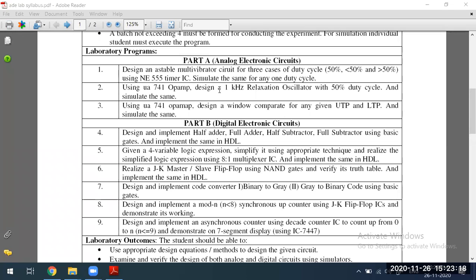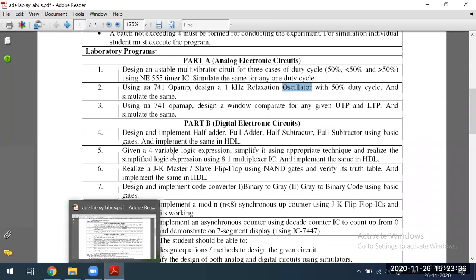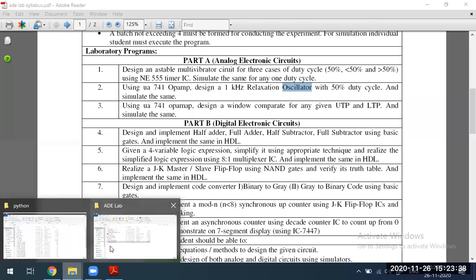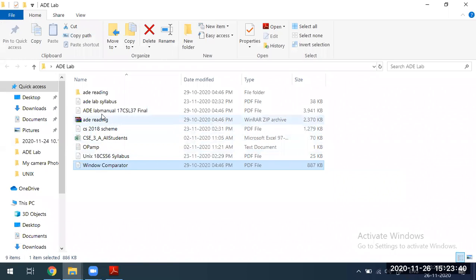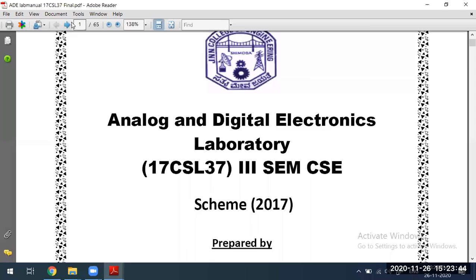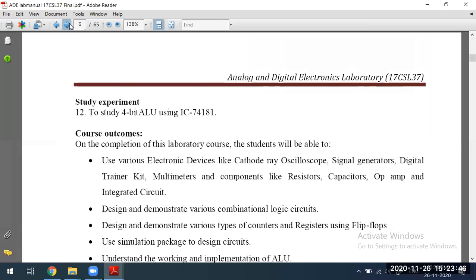I think you have got the idea about this window comparator. The next question is design the 1 kilohertz relaxation oscillator with 50% duty cycle. Relaxation oscillator is the thing, but oscillator means which oscillates. Relaxation oscillator means which oscillates between low and high.